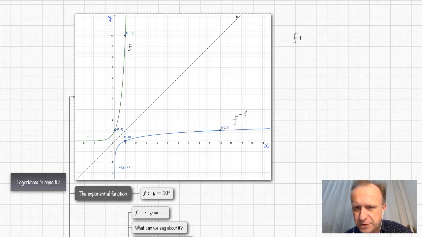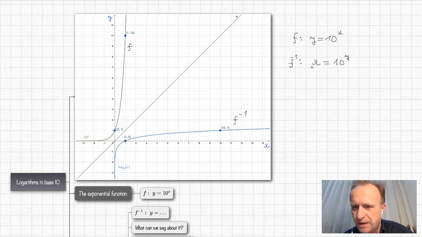If we take the original function y equals 10 to the power of x, we can construct the inverse by interchanging the x and y coordinates. So instead of y equals 10 to the power of x, we can write that the inverse is defined by the formula x equals 10 to the power of y.